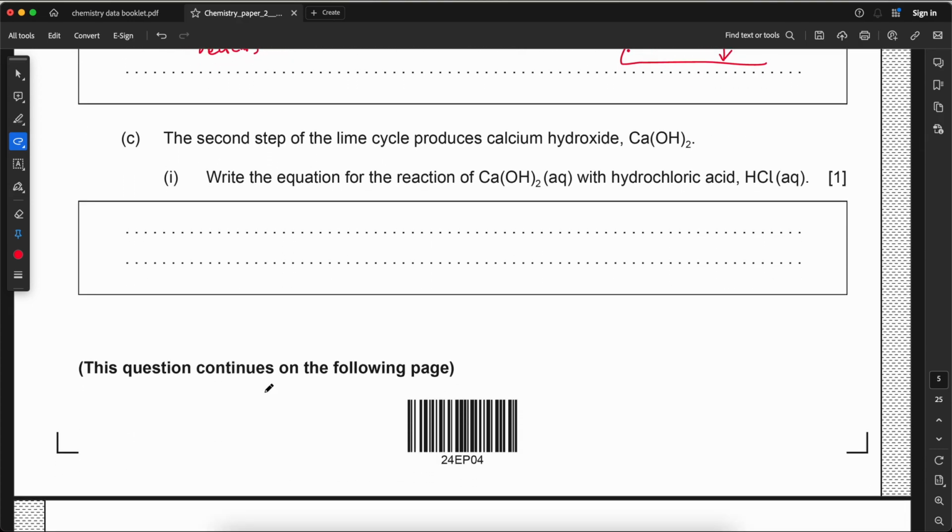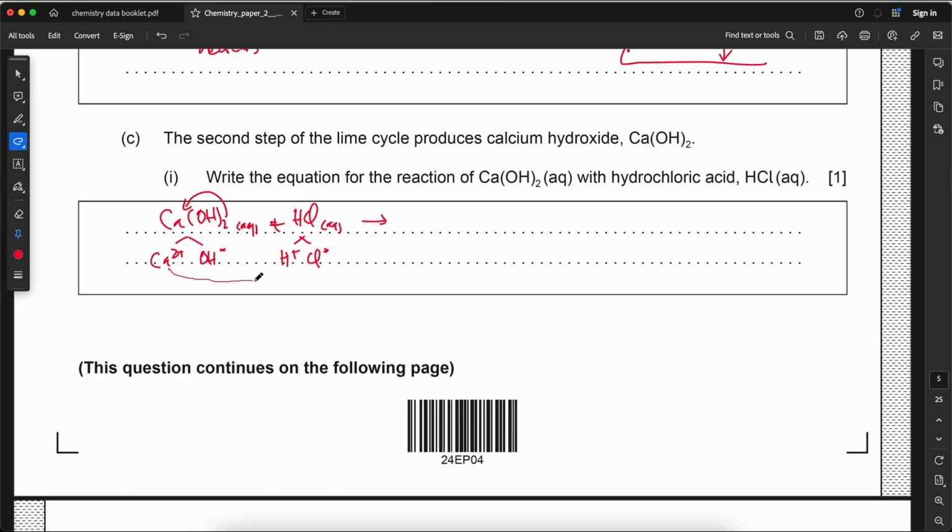The second step of the lime cycle produces calcium hydroxide, Ca(OH)2. Write the equation for the reaction of Ca(OH)2 aqueous with hydrochloric acid, HCl aqueous. If you have difficulty producing the products, you can dissociate them: OH minus and Ca2 plus, and H plus and Cl minus.